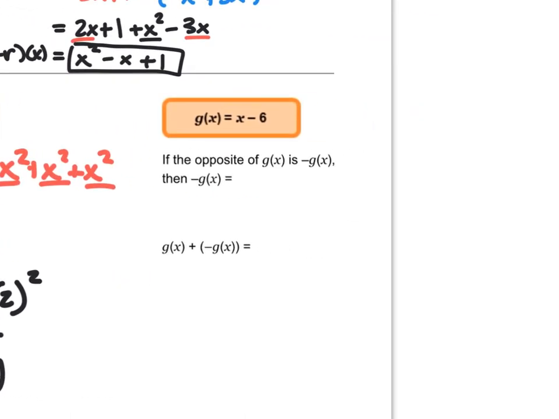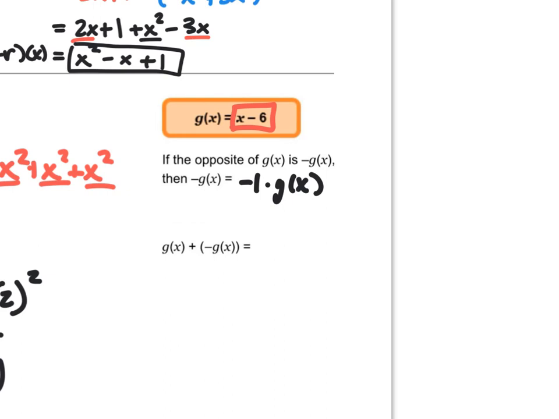On the other one, it says the opposite of g of x is negative g of x. And then negative g of x, if I have this negative sign out here, I'm really just taking negative 1 times that function g of x. Now that function g of x is equal to x minus 6.